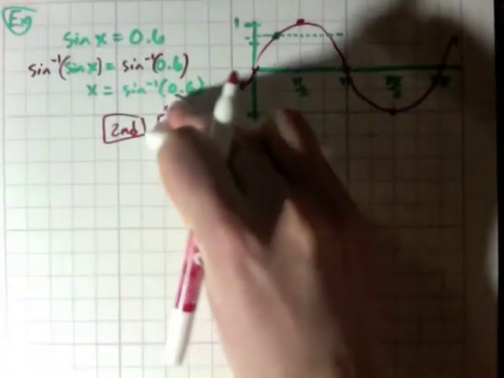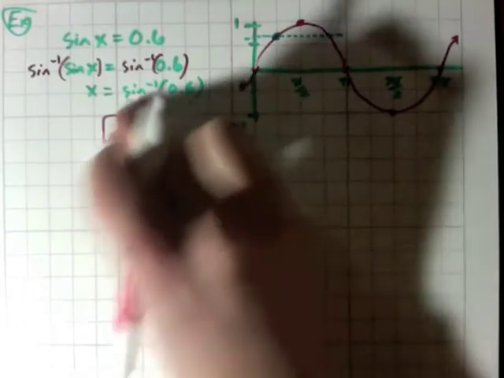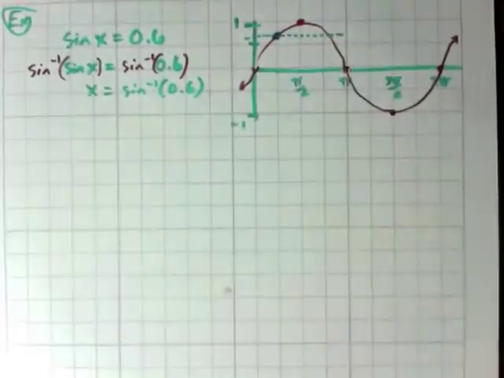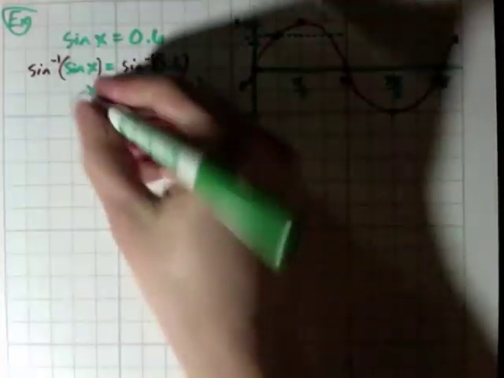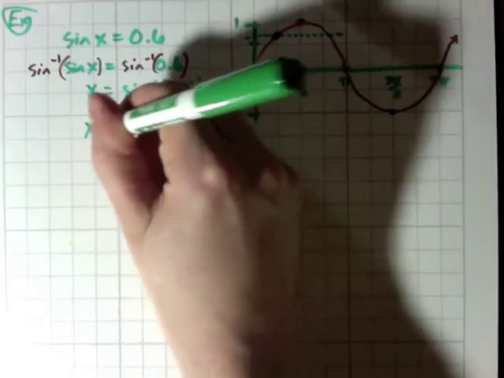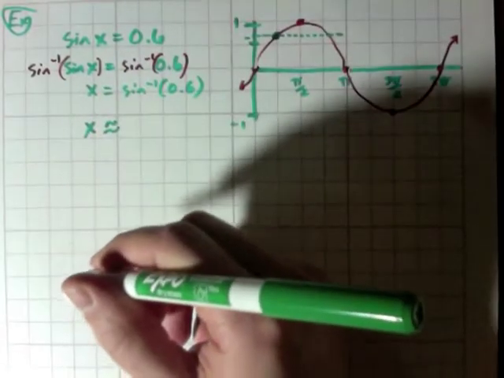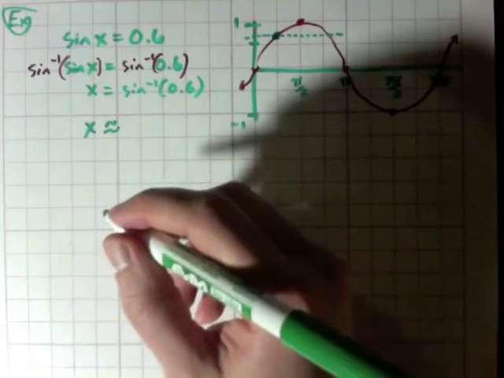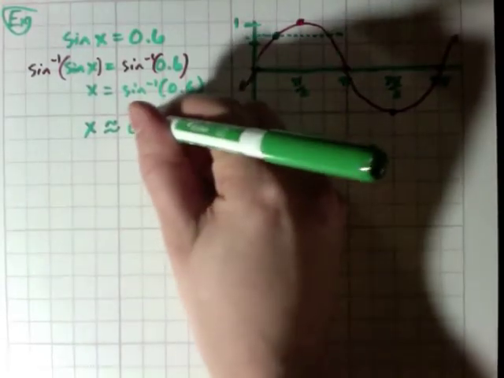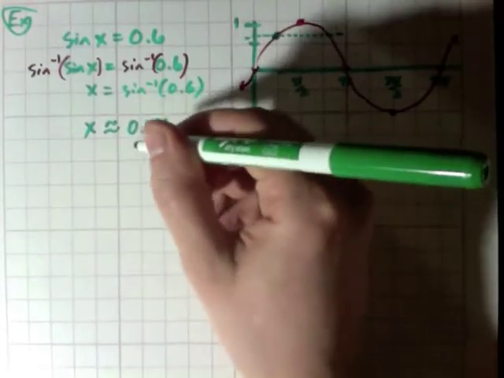We could then plug in 0.6 and hit equals. So we'd plug that in a calculator, and we would get x is about 0.6435.